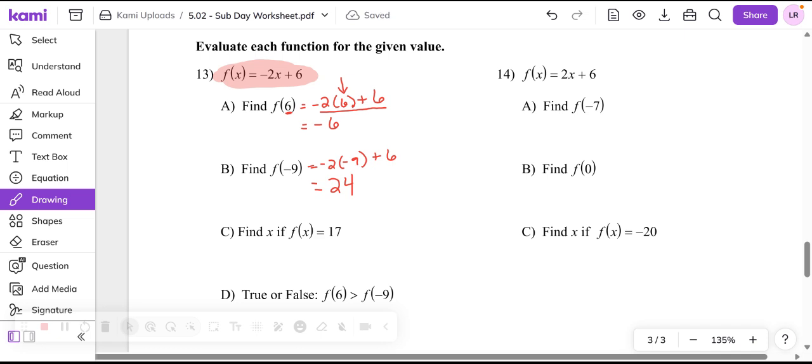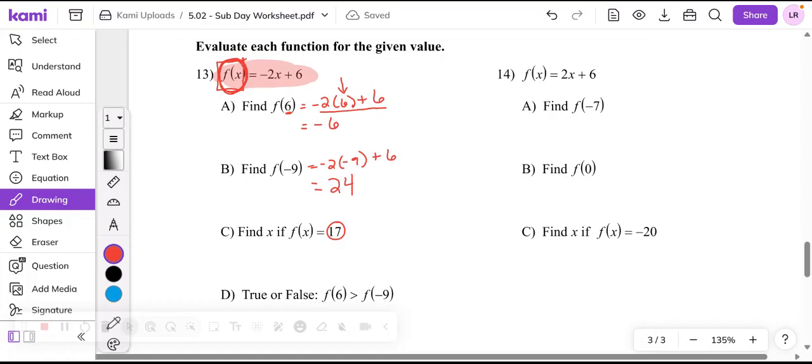Now, letter C is different. This one says find x if f of x is 17. Well, f of x, we know, is 17. So instead of writing an f of x in this location right here, I'm going to change that.